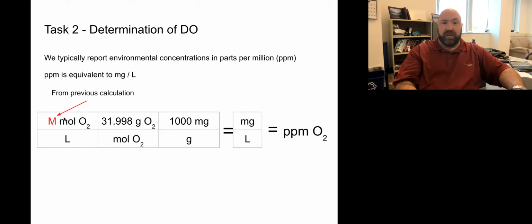So all I'm doing in this conversion is going from moles per liter and converting that to milligrams per liter, which is equal to ppm O2. Once you find your molarity from the previous calculation, multiply it by 31.998, multiply by 1,000, and that will finally get us to the ppm level of O2 within our samples.